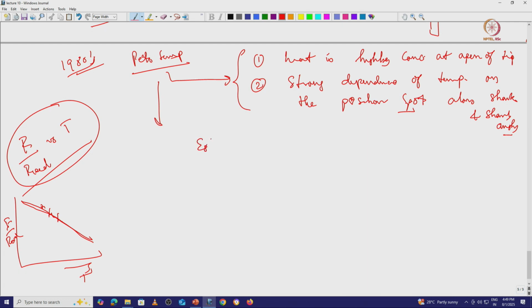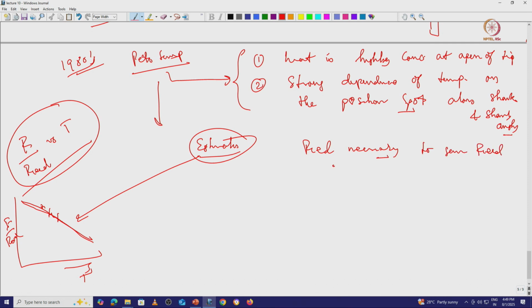Now this estimation is done by using this particular plot. It is nothing but the field necessary to generate field evaporation at a given evaporation rate.